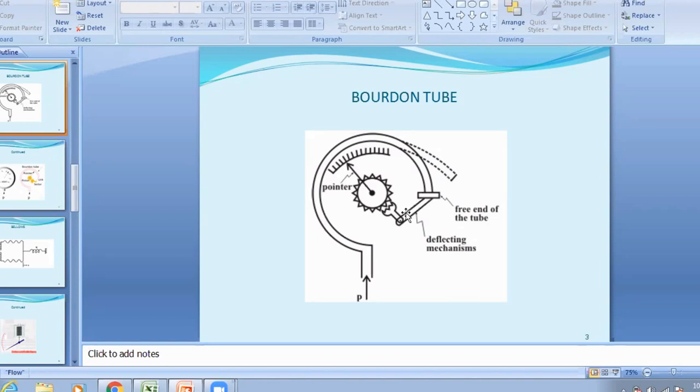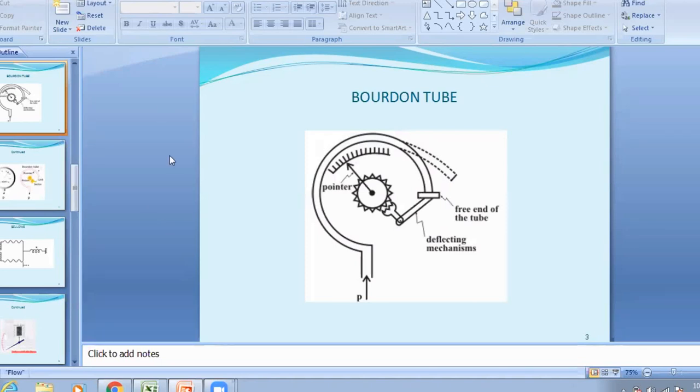That is a disadvantage. We cannot attach the pointer directly to this end. Through the deflecting mechanism we have to take the amplified readings. Now you have got it. This is the disadvantage. Yes, sir.